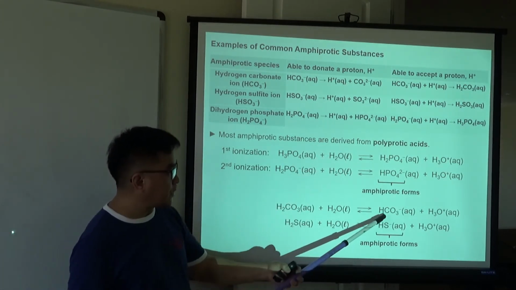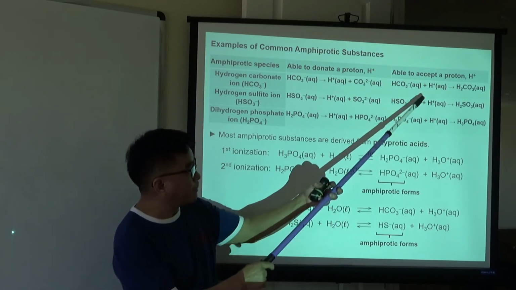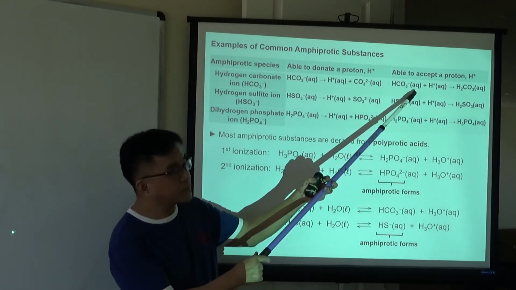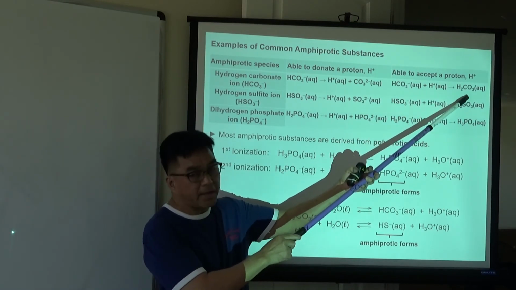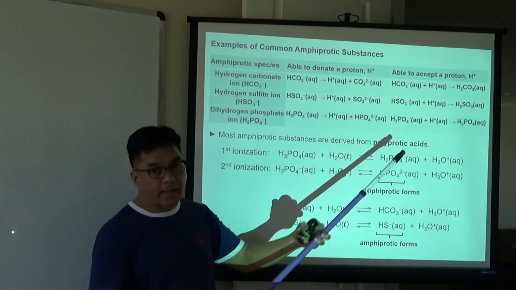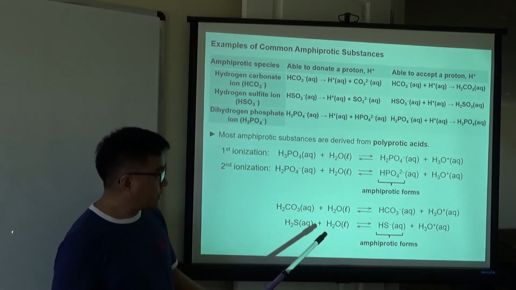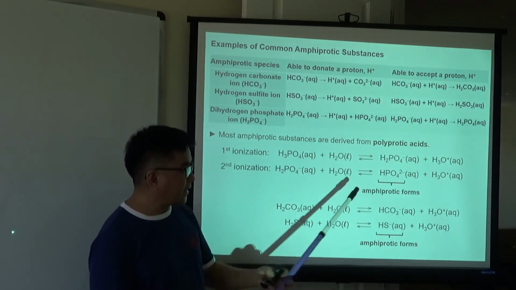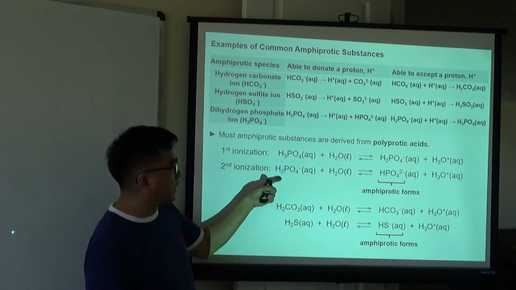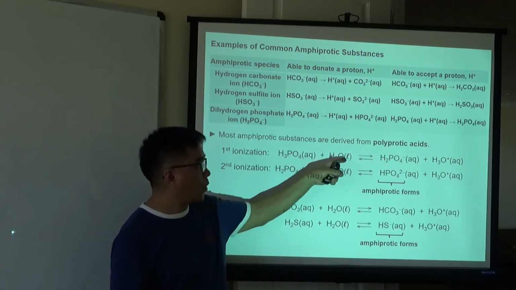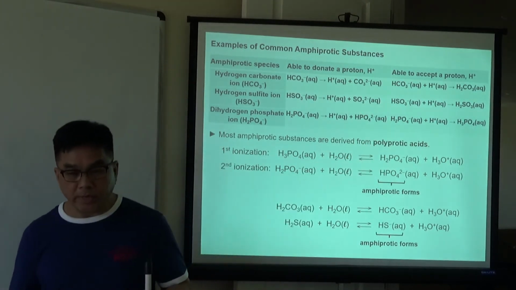Or the hydrogen carbonate can accept a proton from some source, for example from water, to produce carbonic acid again. In this case it acts as a base. So hydrogen carbonate is an amphiprotic form. Amphiprotic forms are very commonly the intermediate forms of polyprotic acids.